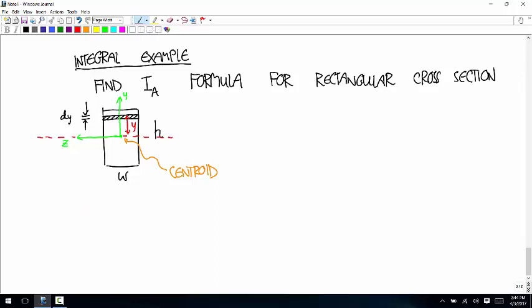Then the definition of the area moment is the integral of y squared times the area of this strip. What's the area of that strip? w times dy.